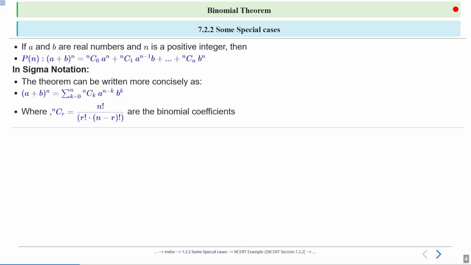Okay, so nCr equal to n factorial upon r factorial times n minus r factorial are the binomial coefficients, where the exclamation notation represents factorial. Okay, and factorial means the product of all integers up to that specific number.